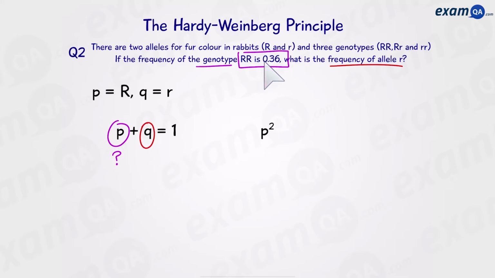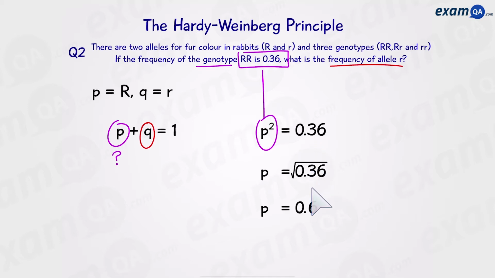So we can say that big R big R is equal to p squared, and that is equal to 0.36. Taking the square root of both sides would leave us with p equals 0.6. We can plug this into here, and since p plus q equals 1, if p is 0.6, that means q must be 0.4.